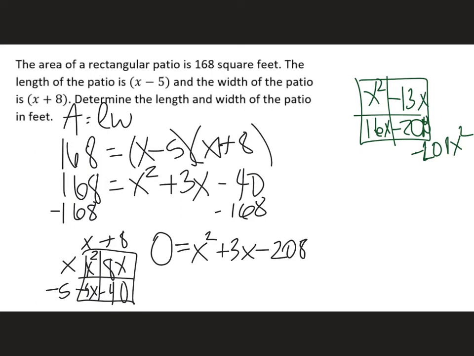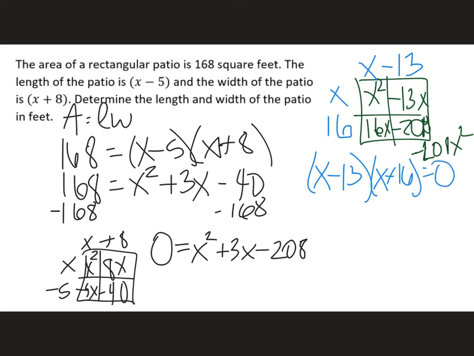So on the first row, I have x in common, and on the second row, I have 16 in common. And then this would be x times x and x times 16, and then negative 13 times 16 as well. So our factorization is x minus 13 and x plus 16 equals 0.